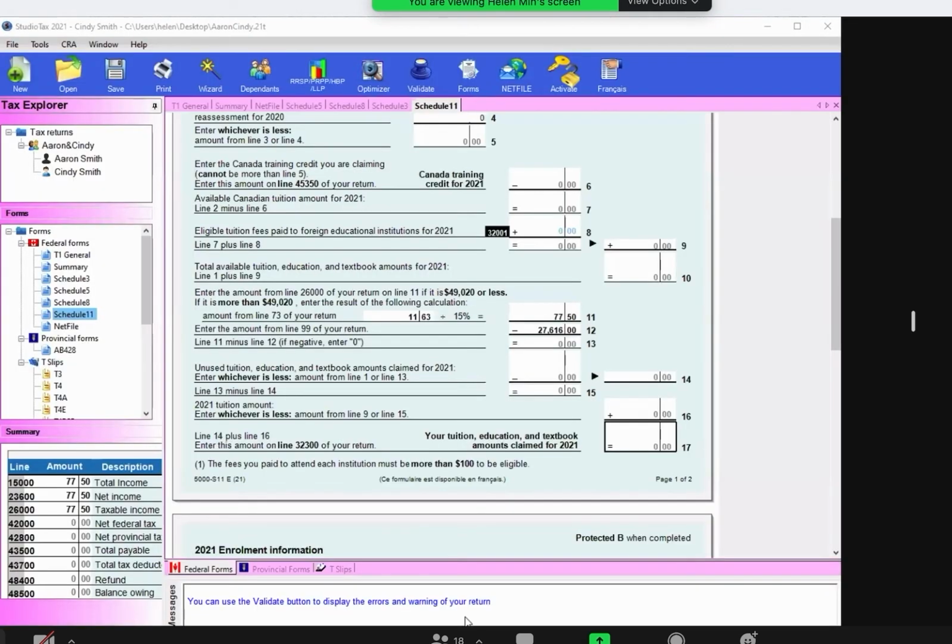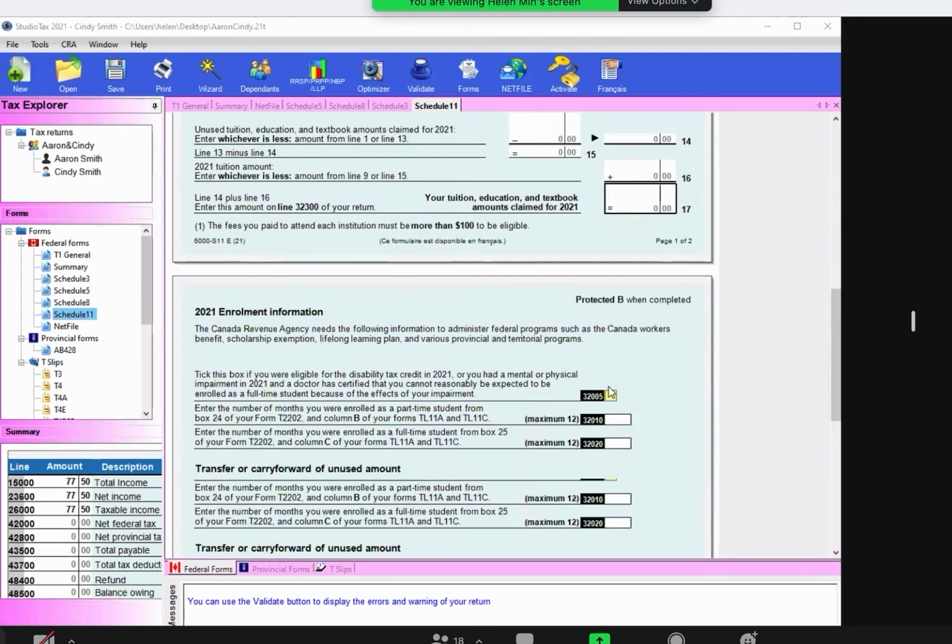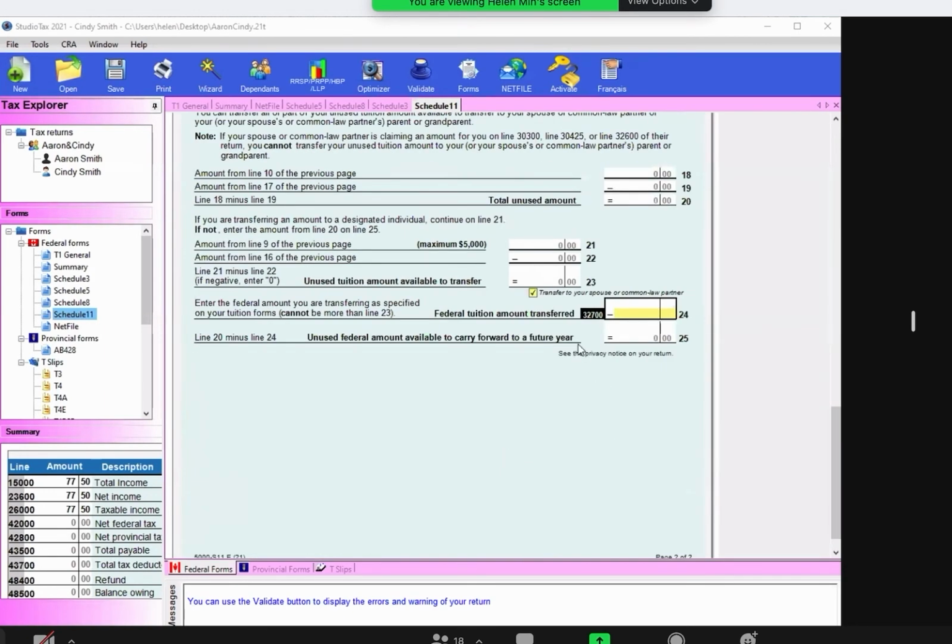Okay, thank you for telling me. Sometimes I do forget. So if you want to transfer your tuition amount to your spouse, you make sure you say schedule 11 line 24, then the name is federal amount you transfer to your spouse.